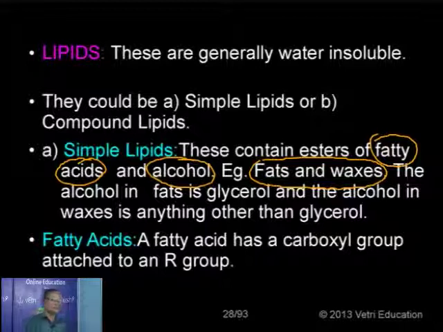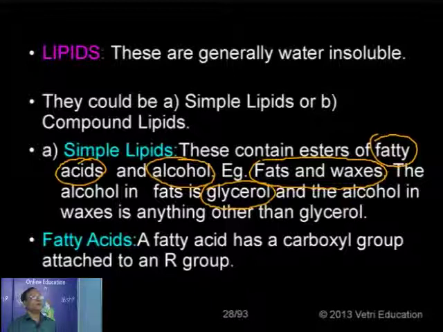What's the main difference between fats and waxes? In the case of fats, they are formed of glycerol and fatty acids. So the alcohol in the case of fats is glycerol, whereas in the case of waxes it also contains fatty acids.